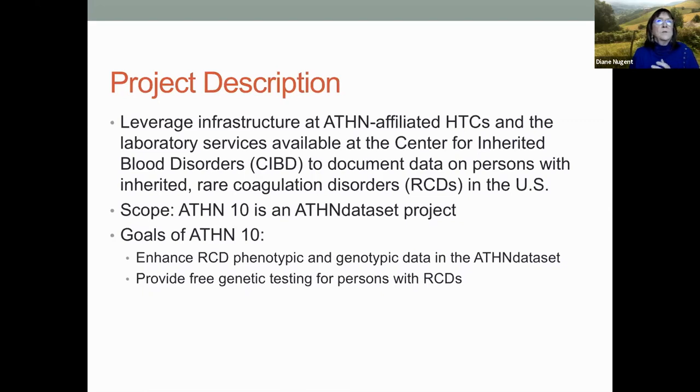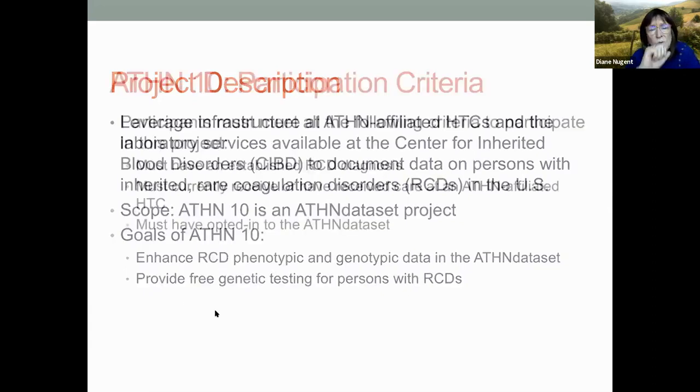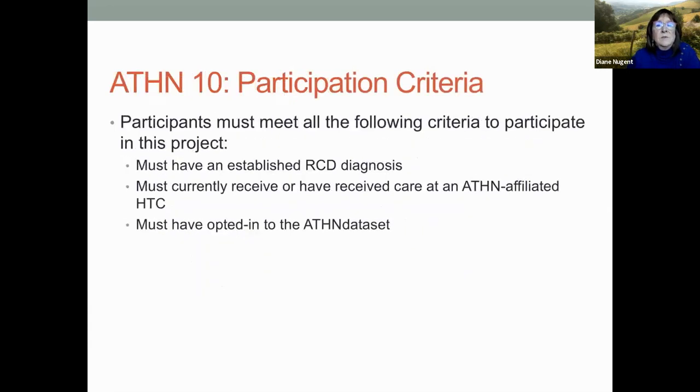We've gotten close to, just within weeks, we already have over 20 samples to sequence. And the goals are really to do the same thing as My Life, Our Future, to get the phenotype, the genotype, and help families understand what their variant is. We don't do this on people where there isn't a diagnosis. So in other words, you need to know that you have factor VII, Glanzmann's, or one of the other disorders.